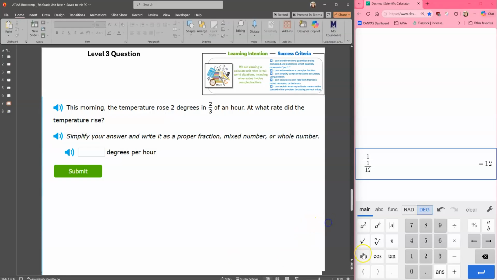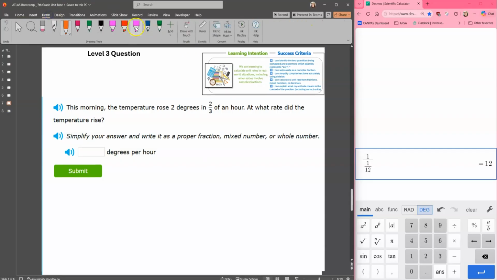There we go. So this morning the temperature rose 2 degrees in 2/3 of an hour. At what rate did the temperature rise? Simplify your answer. Something degrees per hour. So my answer, when I get it, is going to be some amount of degrees per 1 hour.